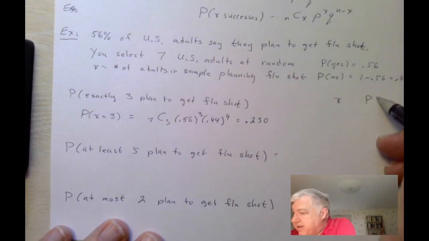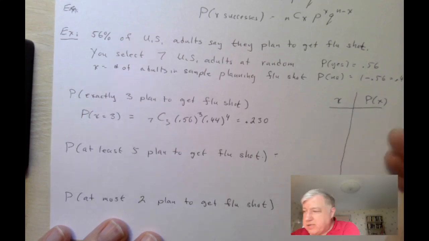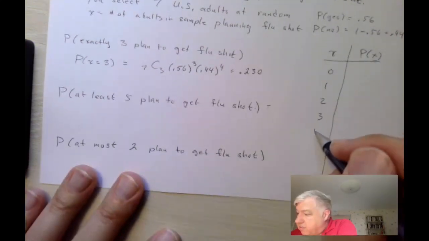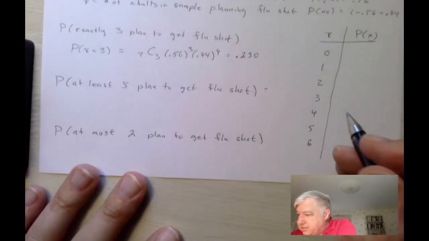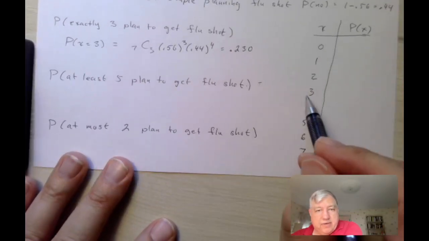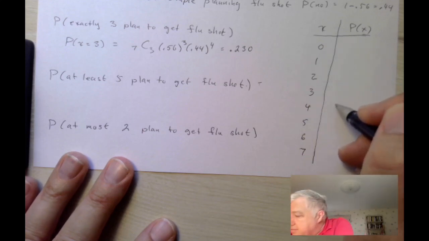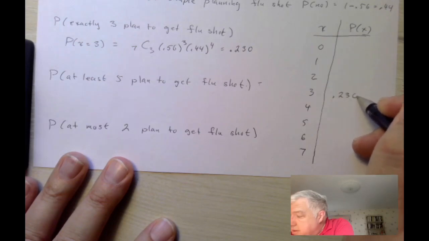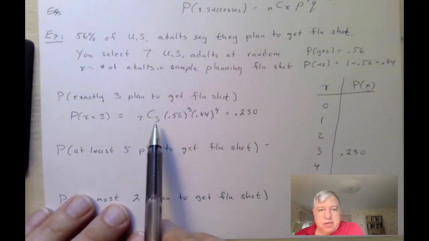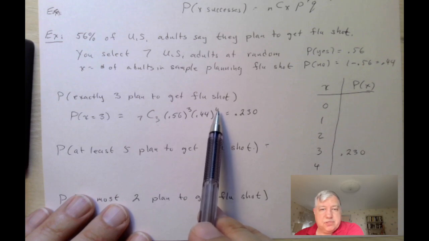Now in the same way, we can get the following distribution. Here's x, and here's p of x. The possibilities for x are 0, 1, 2, 3, 4, 5, 6, and 7. I computed this in advance. We already found that the probability when x equals 3 is 0.230. The other probabilities work the same way: instead of 3, you replace 3 with whatever x is, and 4 with 7 minus x.